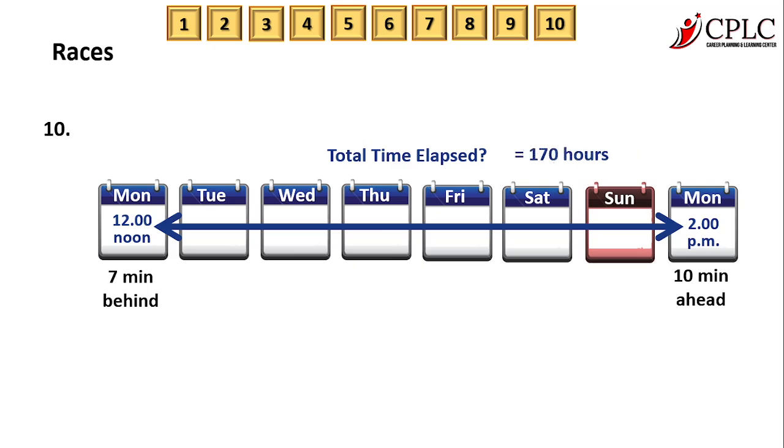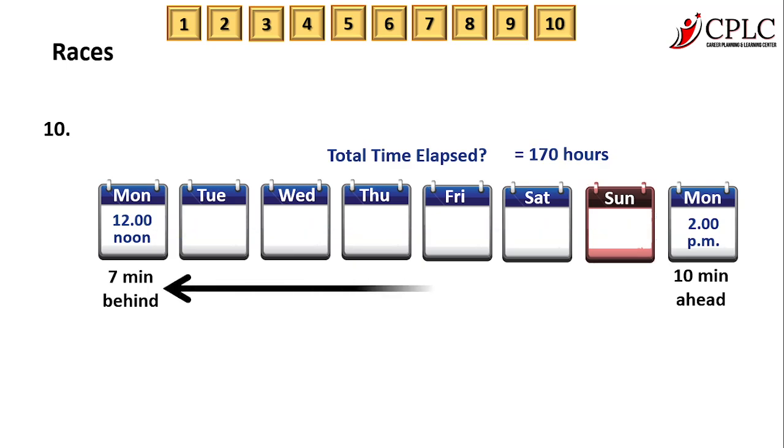And in those 170 hours, if you track the clock, earlier it was 7 minutes behind, which we can say is minus 7, and now it is 10 minutes ahead, which is plus 10. So from minus 7 to plus 10, it has moved by 17 minutes.